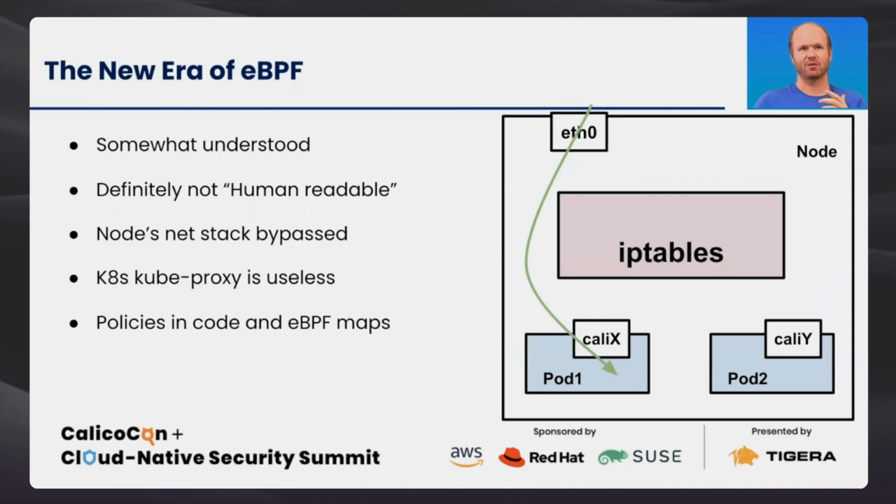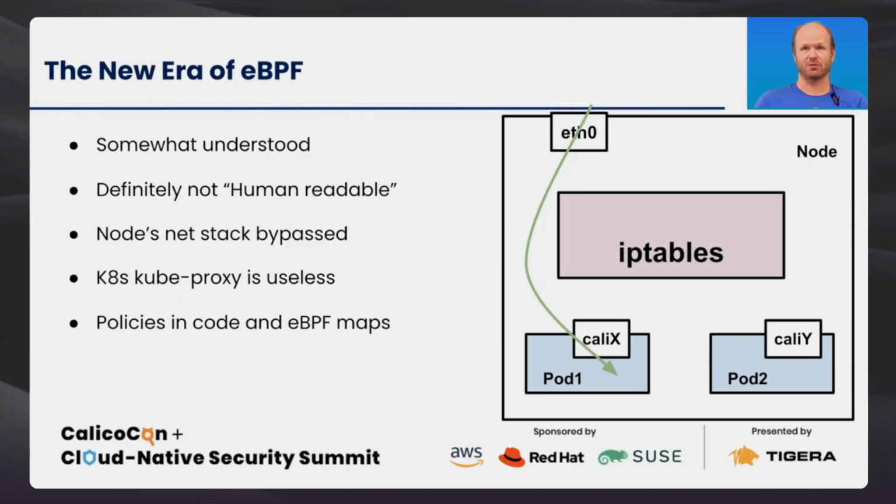And unlike iptables, it's definitely not human-readable. The code is written in C, compiled into bytecode, and that bytecode is loaded into the kernel. So all you can get out is maybe disassembled code, and good luck reading that.